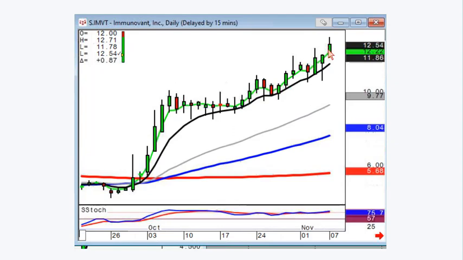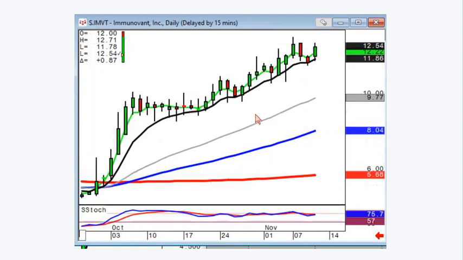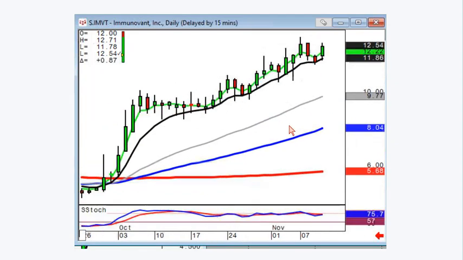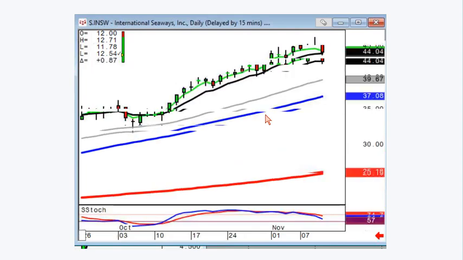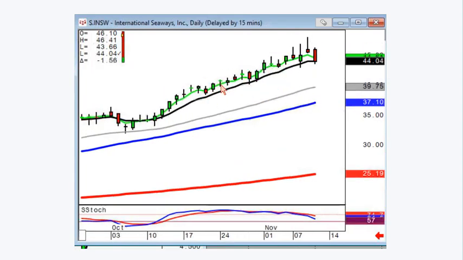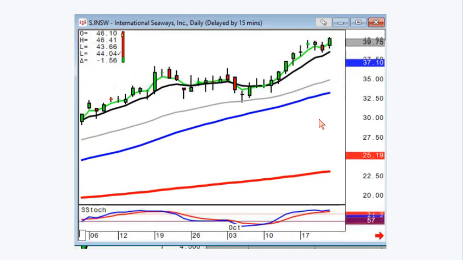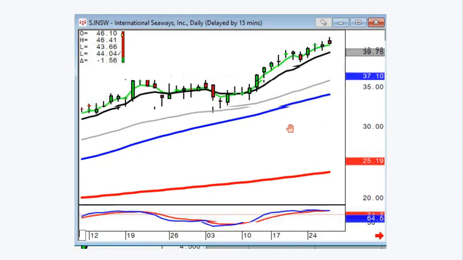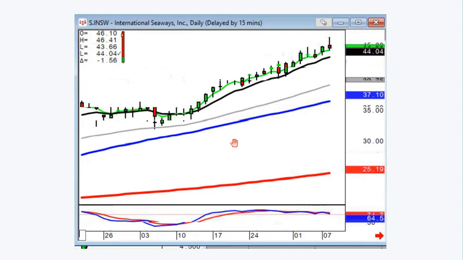Takes about 3 or 4 seconds to say, yep, just stay long, as long as it stays above the T-line. That means if I've got 2 or 3 that are steady eddies, I don't have to spend a whole lot of time analyzing what to do. Each day I can say, up, stay long, stay long, stay long, stay long.